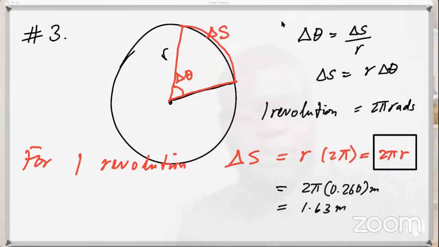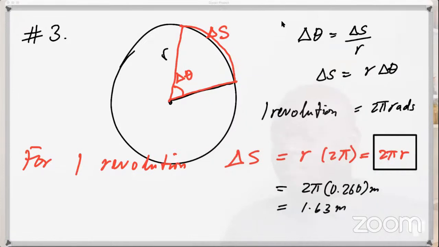Because we're going to use this number for the second part. It's confirmed. Okay, so 1.63 meters. Now, this is the distance covered once the tire rotates around one complete cycle.